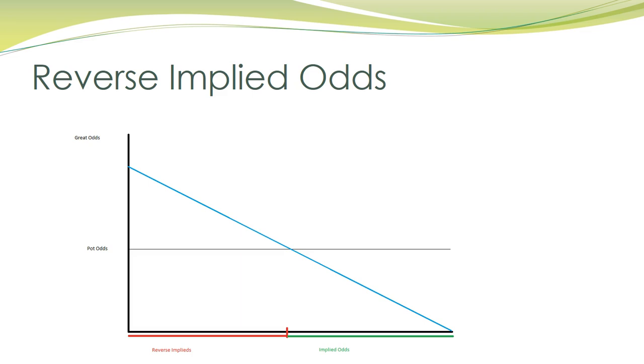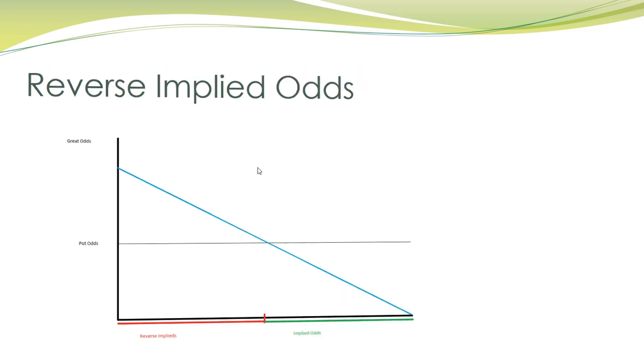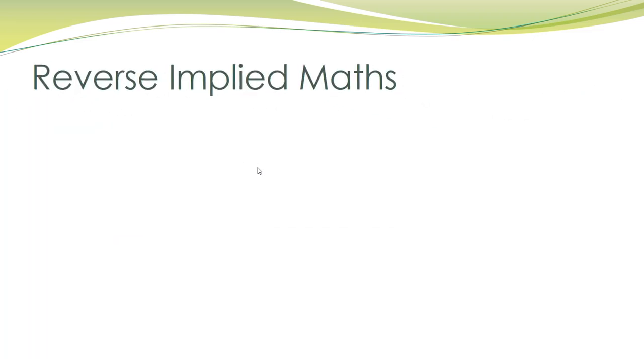They're not different concepts, they're the same concept, they're just different sides of the same coin. So if you understand this graphic, and it shouldn't be too difficult to conceptualize what's going on in this picture, then you have a basic understanding of how reverse implied odds works. It's exactly the opposite of implied odds.